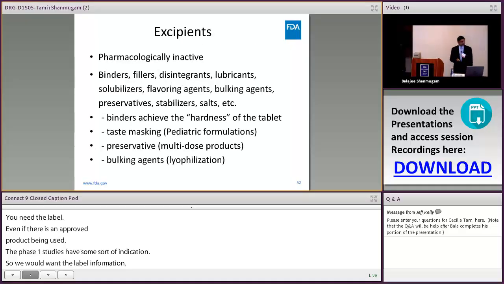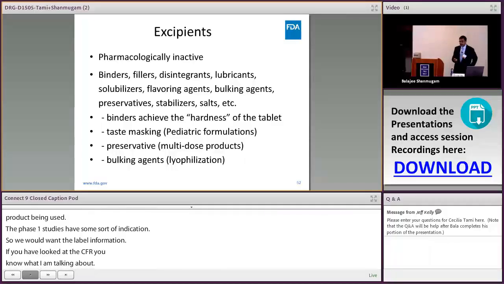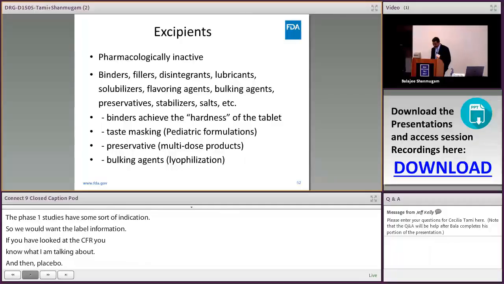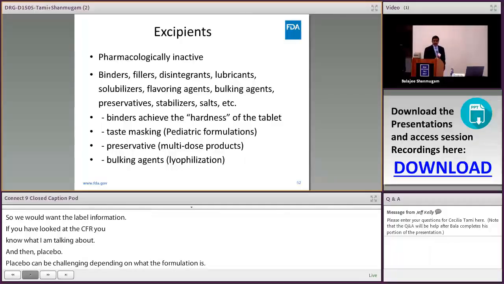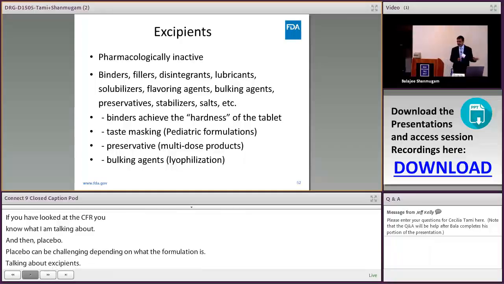Placebo can somewhat be challenging depending on what the formulation is, what the nature of the excipients is, and so forth. Now, talking about excipients, they are pharmacologically inactive, but they have to meet the safety profile just as much as the drug substance, except that these don't exert any therapeutic effect.